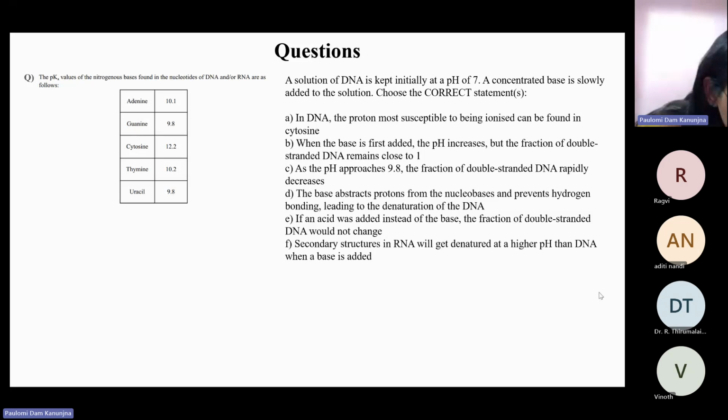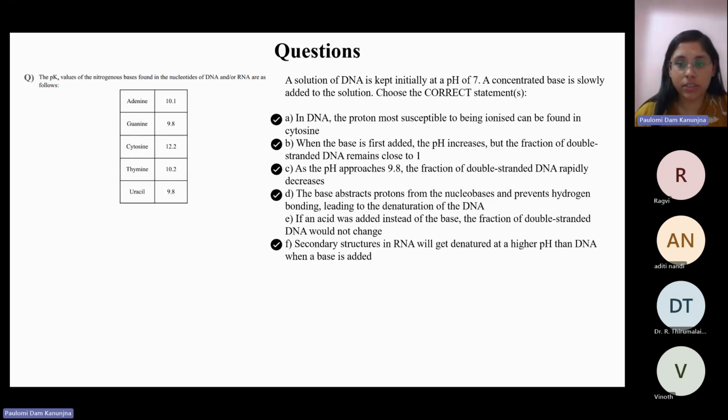E is also correct. Yeah. Right, let me give you the answers because we have to finish by 8. I don't know how many I will finish. Okay, these are the answers: A, B, C, D, F.